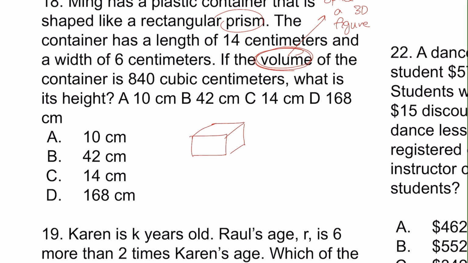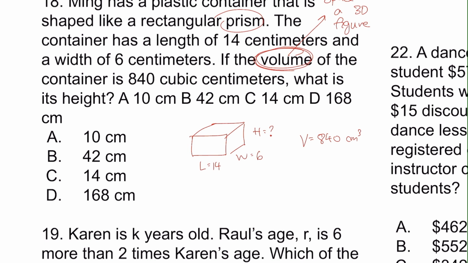And in this prism, you have the length, the width, and the height. Now we know that the length is 14, the width is 6, and we don't know what the height is. So we can call that h, but we do know that the volume is 840 cubic centimeters.